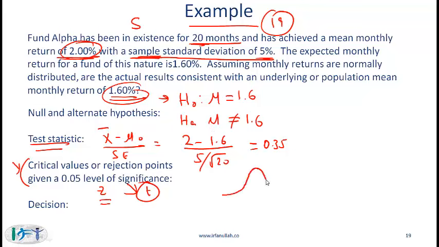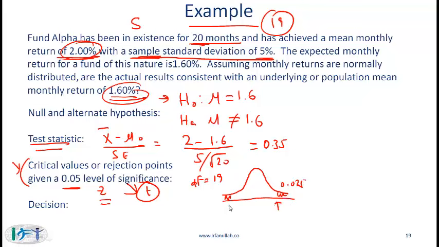Say this is your T distribution. We have degrees of freedom equal to 19, so that defines the specific T distribution. Level of significance is 0.05, and this is a two-tailed test, which means that we have 0.025 in each tail.